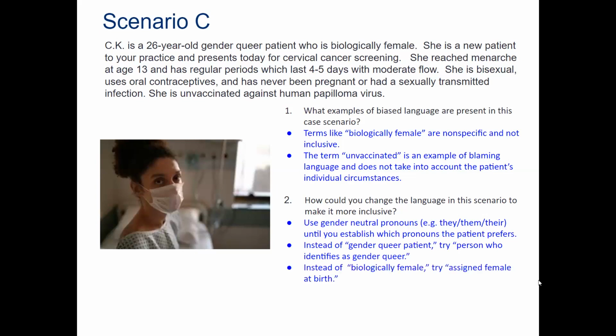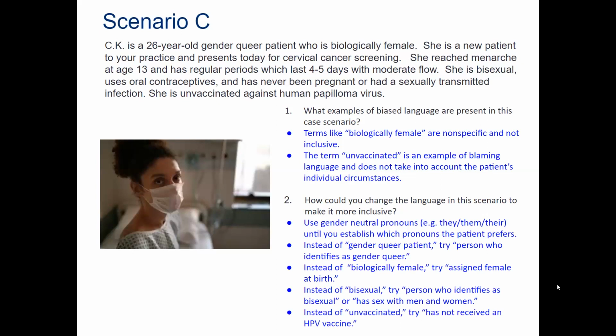Instead of biologically female, we can say assigned female at birth or designated female at birth. And instead of bisexual, we can say that the person identifies as bisexual. Instead of unvaccinated, we can simply say that the patient has not received an HPV vaccine.